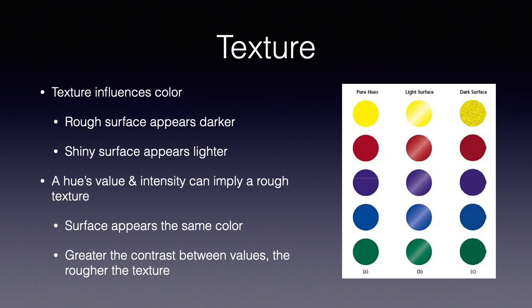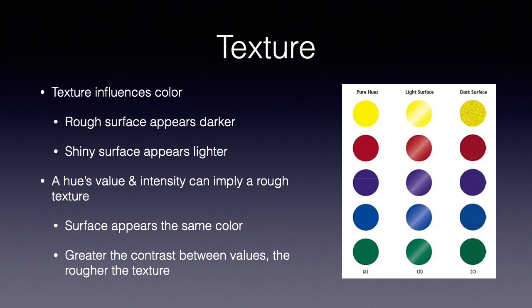So when you look at the photograph here from the text, you'll see that you have your pure hue or your base color essentially. You'll have a light surface and then you'll have a dark surface. When you look at your pure hue of yellow, you just have your basic yellow hue.